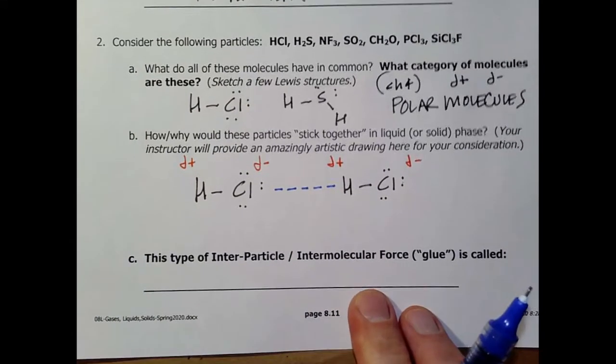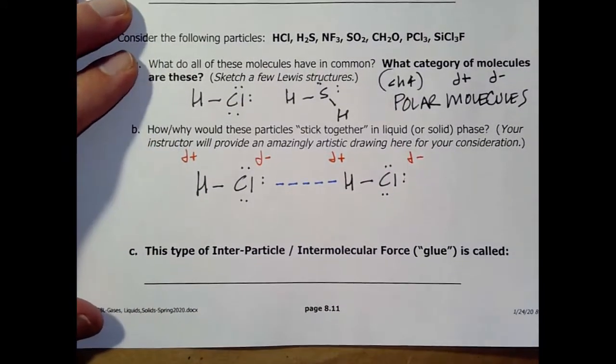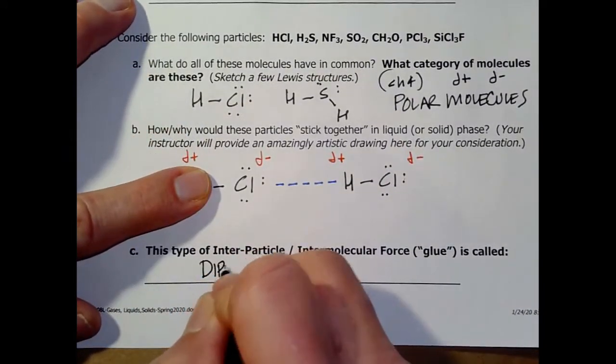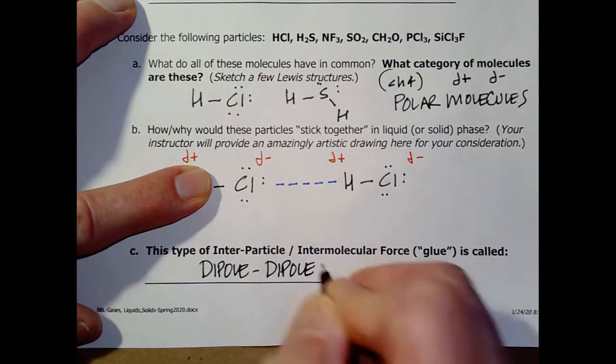Now, sometimes if something has a plus charge at one end and a minus charge at the other end, we say it's a dipole. Polar molecule, the generic term is dipole. So we call this dipole, dipole.